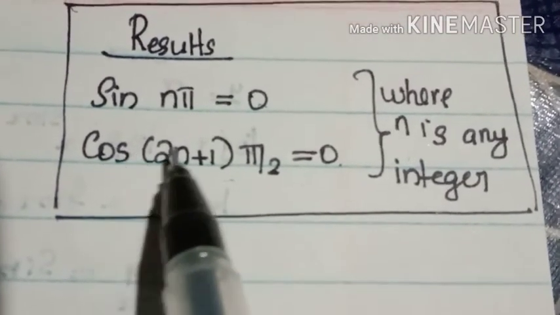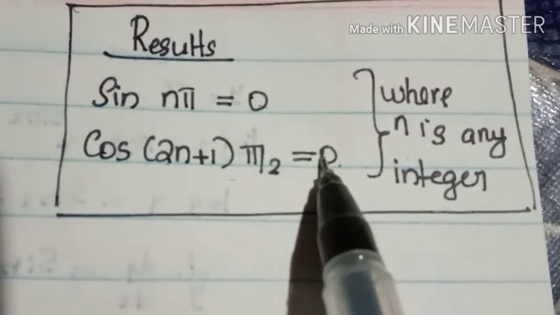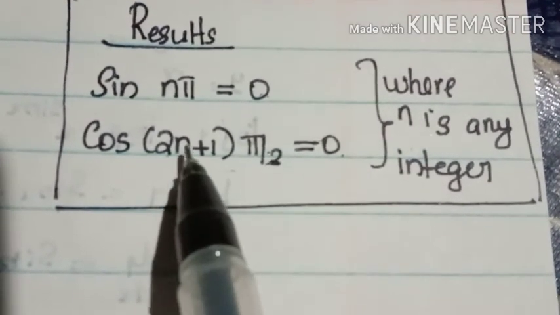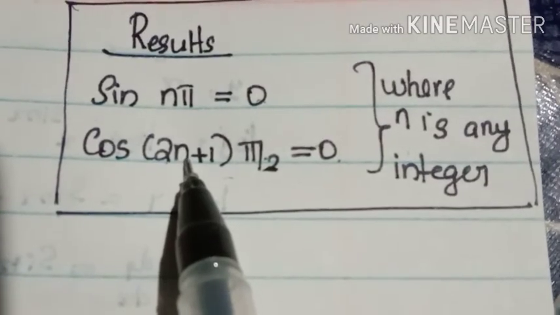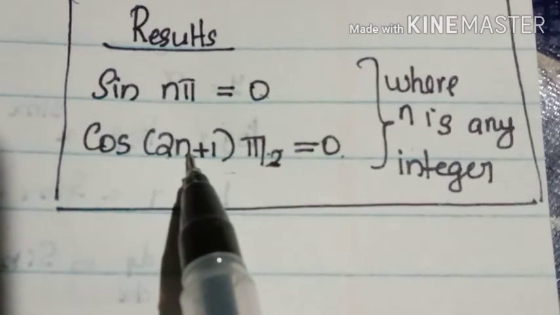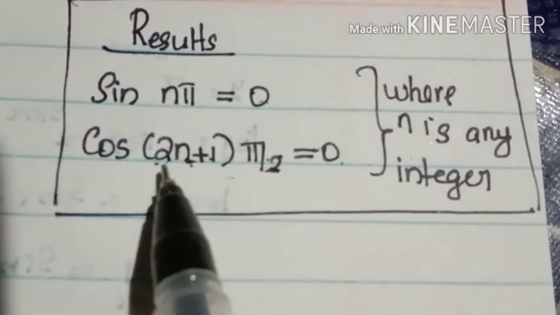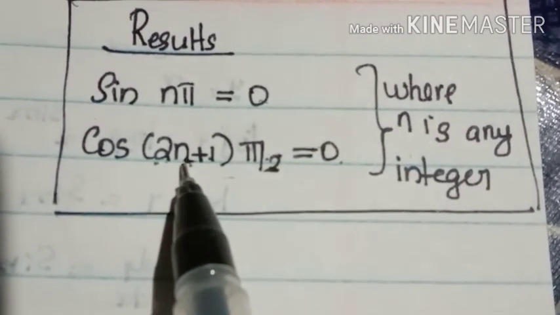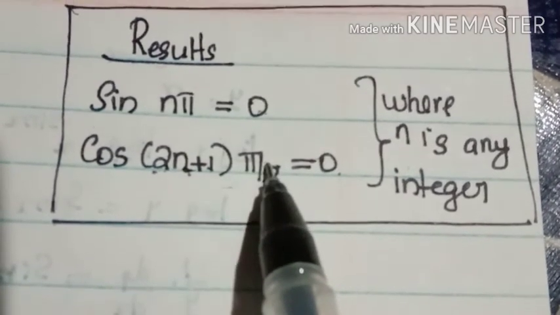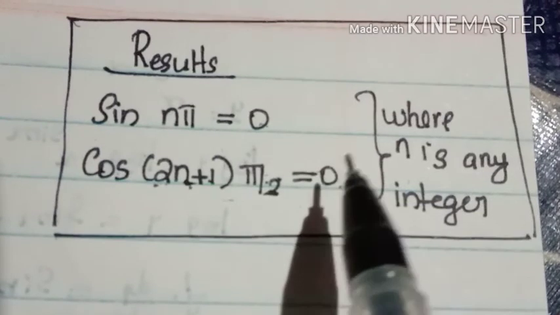So the cos ratio becomes 0 only for odd multiples of π/2. If we put n equal to 0, this becomes 1π/2. If we put n equal to 1, this becomes 3π/2. If n equals 3, it becomes 7π/2. So for all odd multiples of π/2, the cos ratio becomes 0.